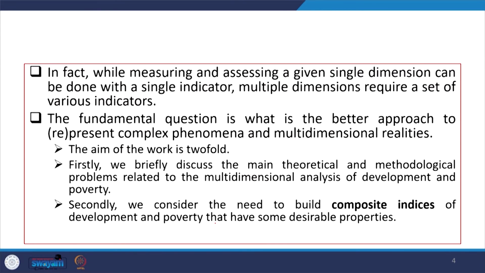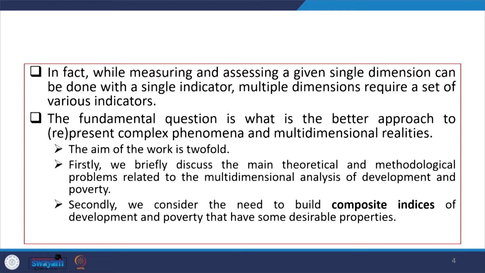While measuring a single dimension can be done with a single indicator, multiple dimensions require a set of various indicators. The fundamental question is what is the better approach to represent complex phenomena and multidimensional realities. The aim of the work is twofold.